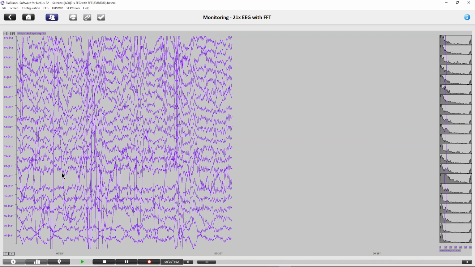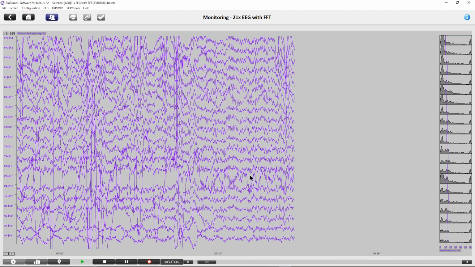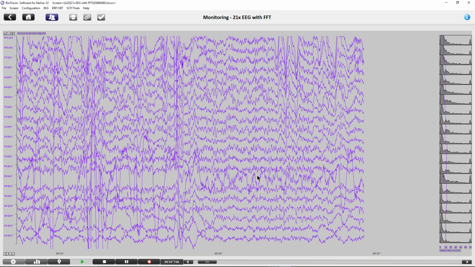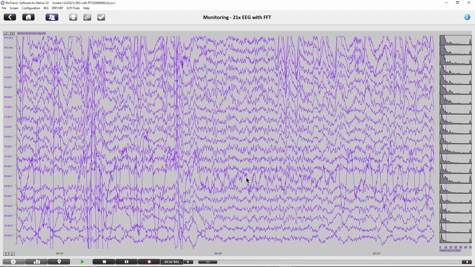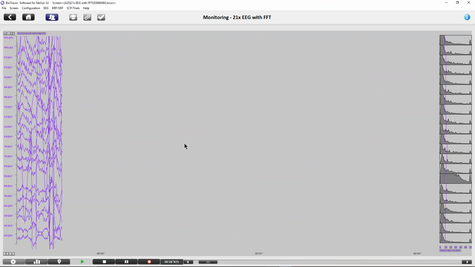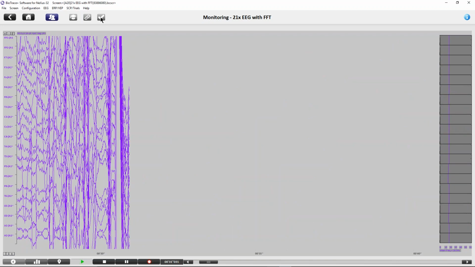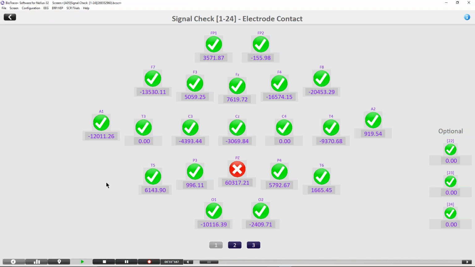And so I've also got a fairly wandering sensor here, it looks like at PZ, and so there's something wrong there as well. I might want to go in here and check the connections and see what kind of connections I've got. And my connections are just fine. The A1 connection is a little high, and actually there's no connection here at PZ.